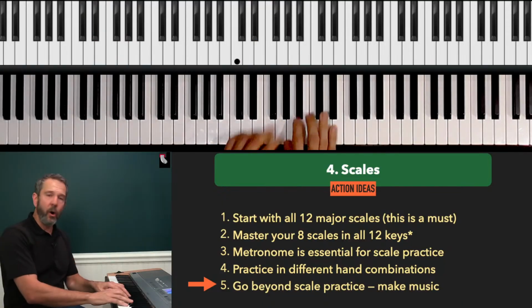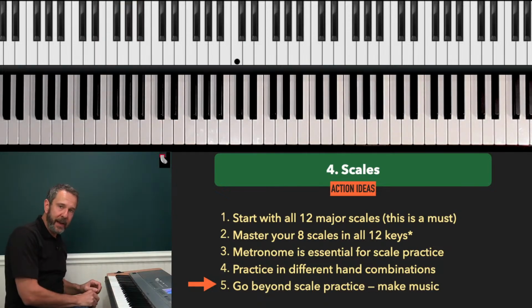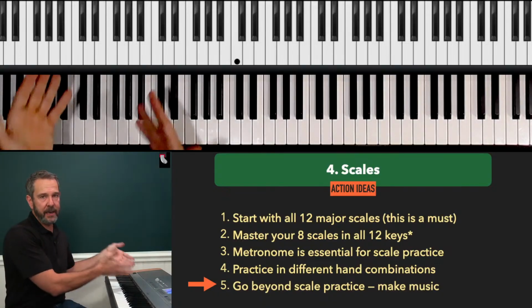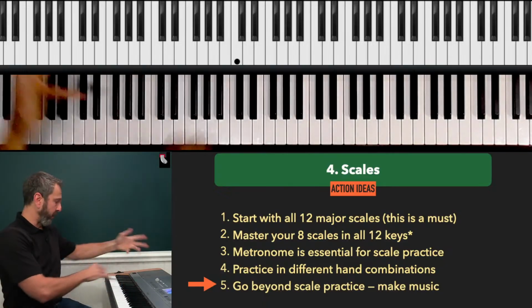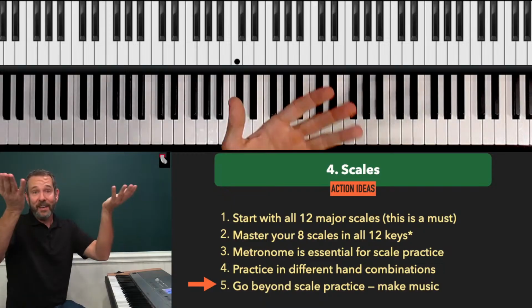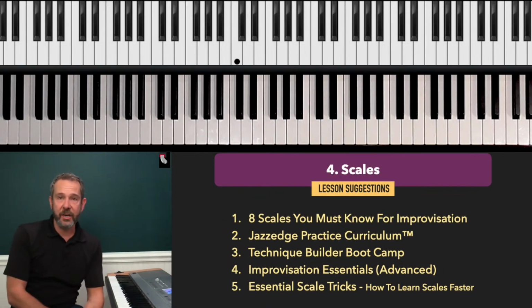So again, all D major scale in the right hand, all D major scale in the left hand. I'm just going up and down in the left hand. Why? Because it makes it a lot easier for you to stay focused on the right hand stuff. If you start improvising around on both hands, which you can try as well, it's obviously going to be much more challenging. All right, so some lesson suggestions for scales.